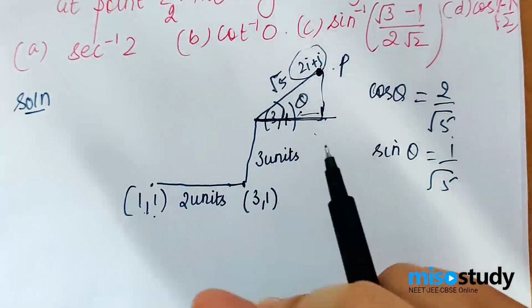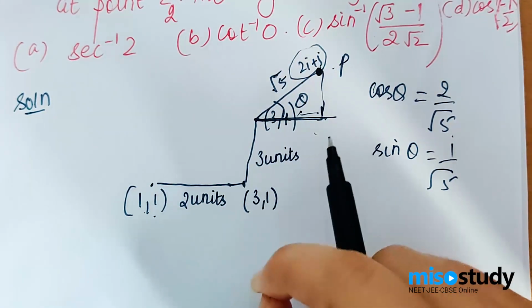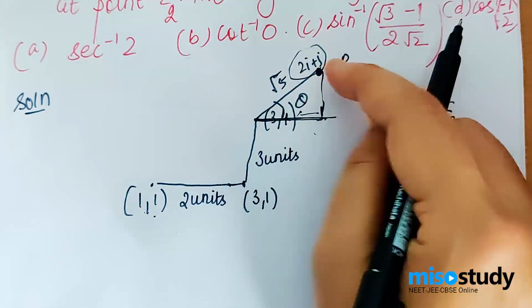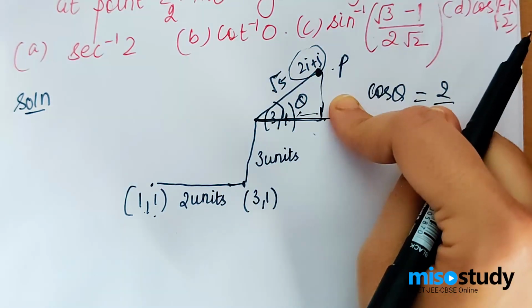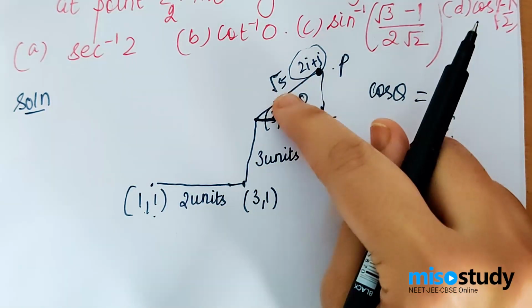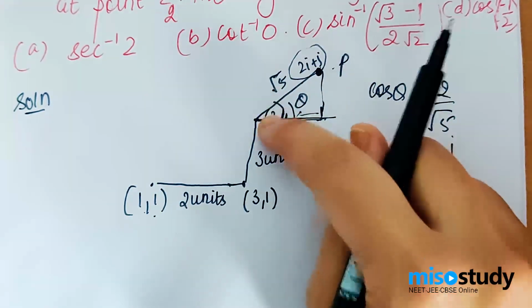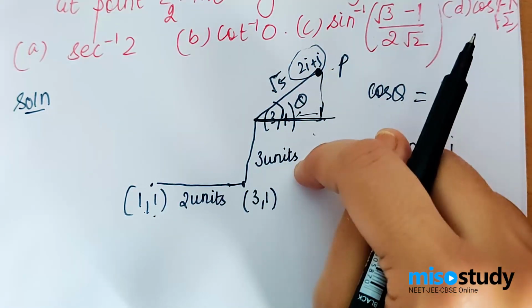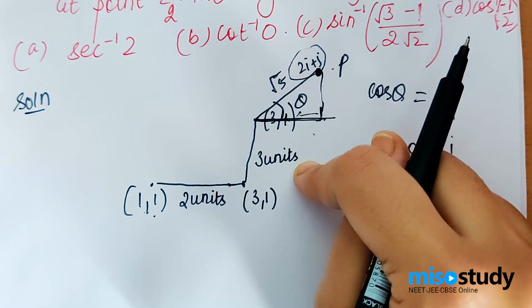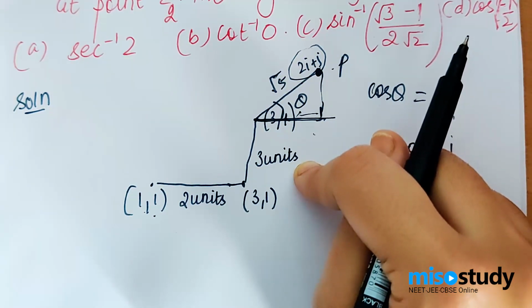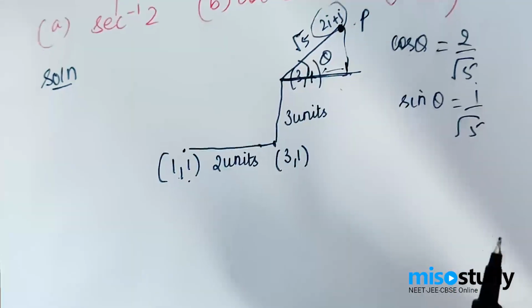Now I'll tell you one thing: whenever you are supposed to find the coordinates of a point, and the distance of this unknown point from a known point is given, plus the angle theta is given, you must always apply the parametric form to find the coordinates of point P.